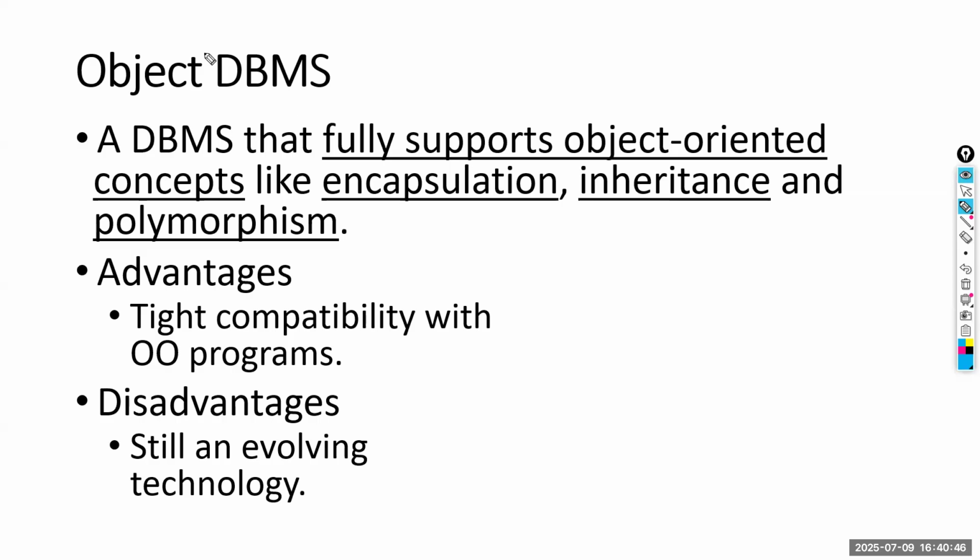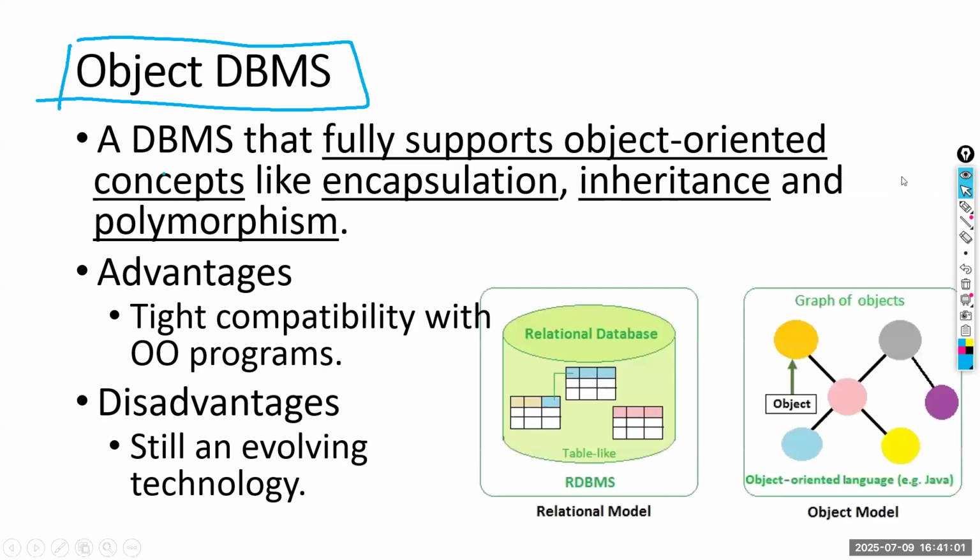So that is where another type of database came into the picture. We call that object database management systems. Object database management system means you can save objects.